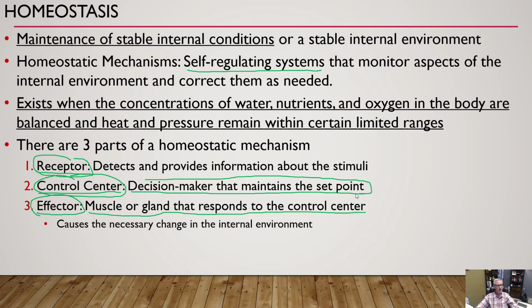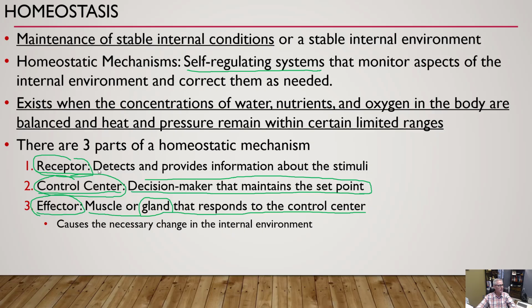So in this case, that hypothalamus is going to send out a bunch of information, and in this case, the pancreas, remember we have high blood sugar, high blood glucose level. So the pancreas, which is a gland, is going to dump out some insulin, which is going to cause our blood sugar to lower.